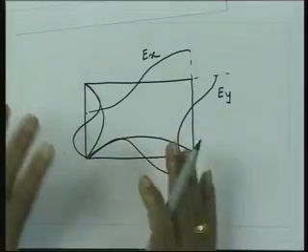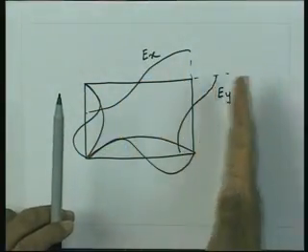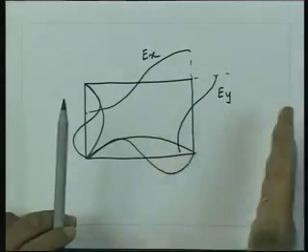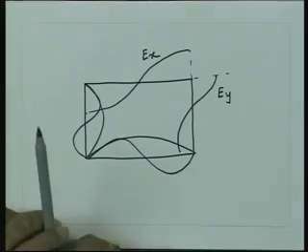Later on we will try to visualize these fields actually inside this pipe, but at this point it appears that the components Ex, Ey, Hx, Hy, depending upon the boundary conditions, will be staggered in space in the transverse plane with respect to the longitudinal component, which is the Ez component.